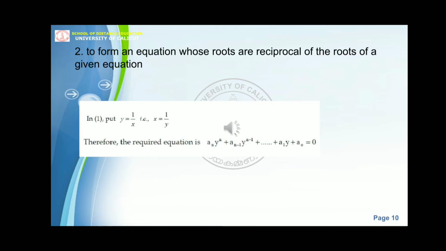The next transformation is to form an equation whose roots are the reciprocals of the roots of the given equation. To form such an equation, we simply substitute x = 1/y.